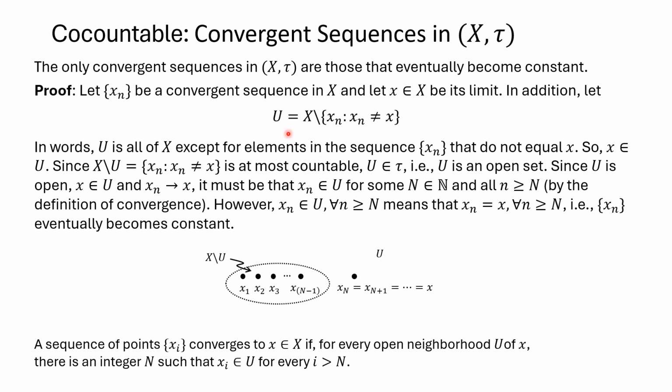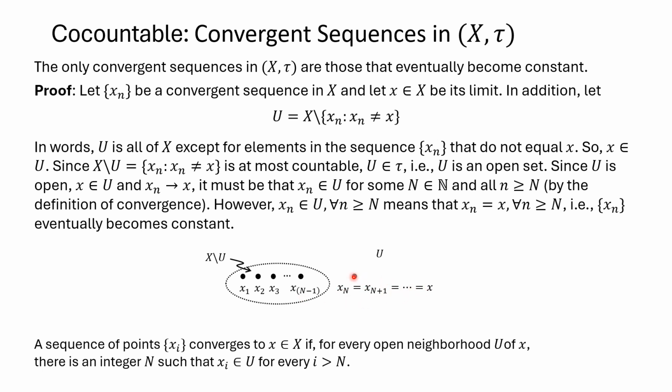So U is everything in X, including the point little x. In other words, all the points in the sequence that equal little x, which may not be any of them. It's possible that this sequence doesn't ever actually equal x; it just converges on it.